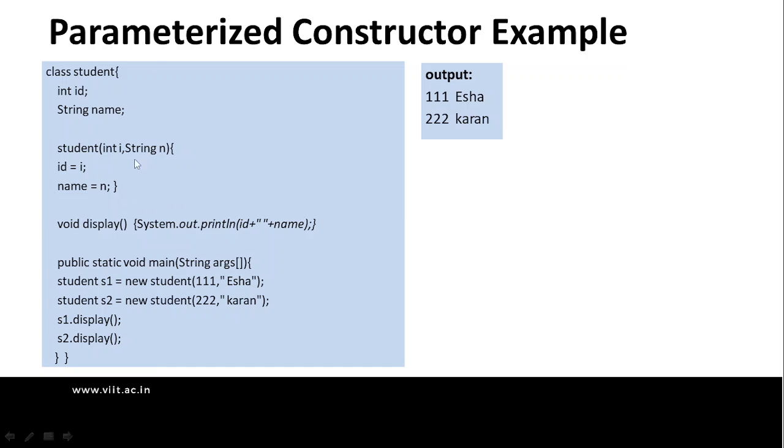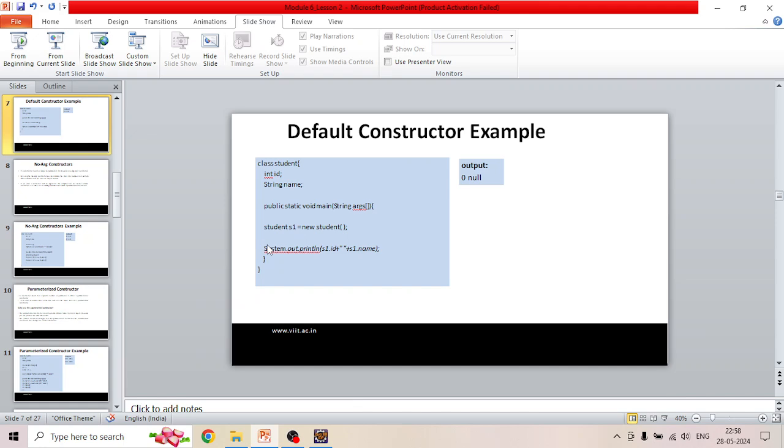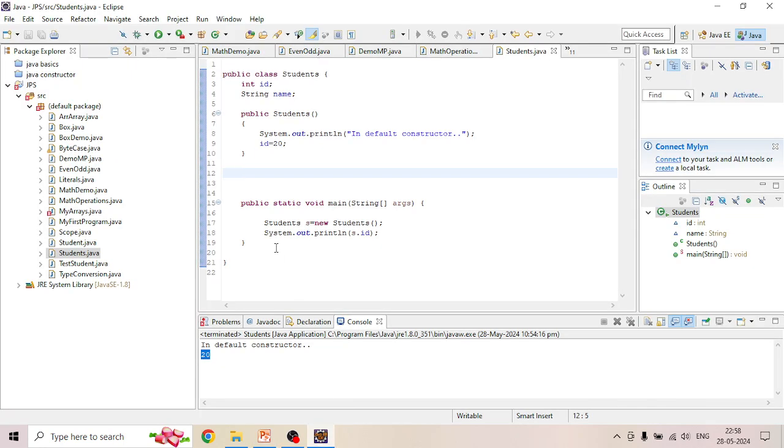We will take a parameterized constructor and then use it, and accordingly call the display method. In the display method we will see the instance variable values of id and name for both instances are different. Let us have this example.